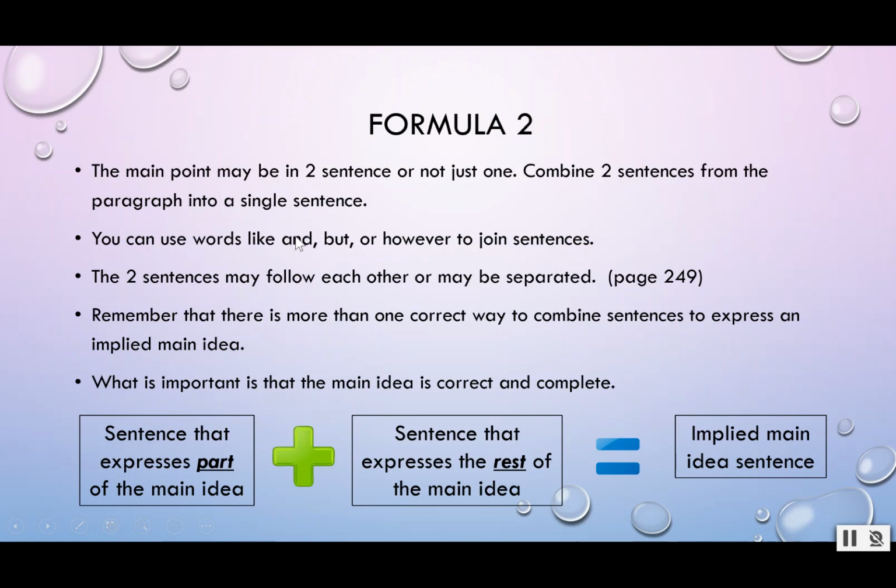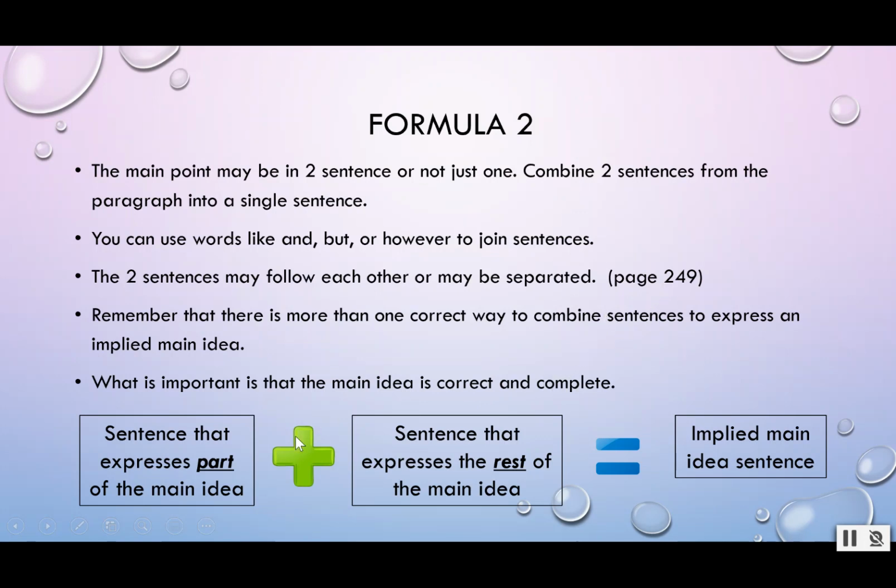So we've got conjunction words like and, but, however, or whatever relationship you want to show between the 2 sentences. The 2 sentences may follow each other in the paragraph, or they may be separated. Remember that there is more than one correct way to combine sentences to express an implied main idea. But what is important is that the main idea is correct and it's complete.